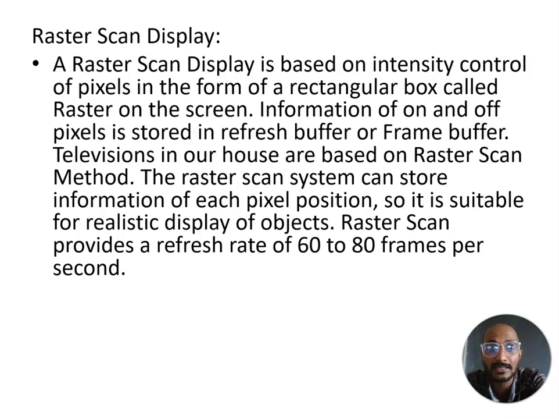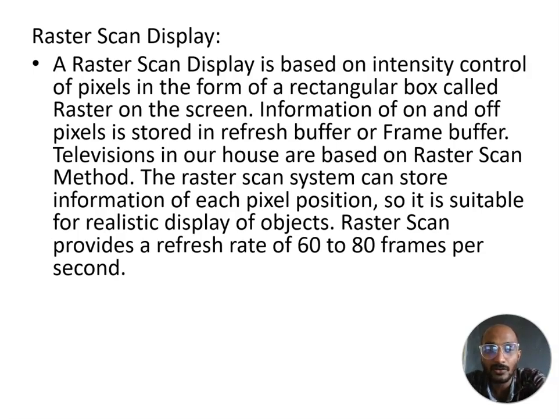We all know that a pixel is a small point which is used to make any figure or any video. It is the smallest unit element of any display or figure, and pixels are in rectangular or square boxes.